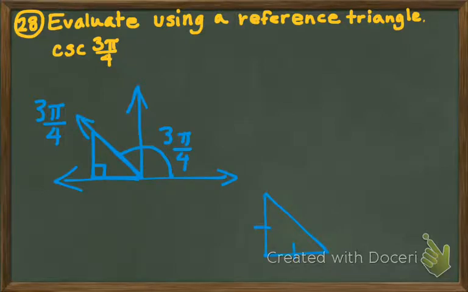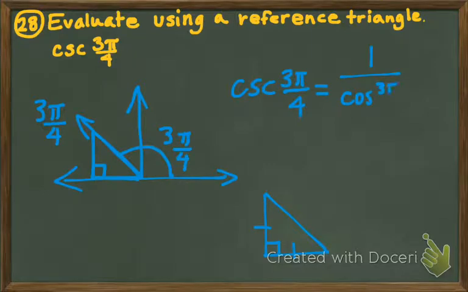45, 45, 90 triangle. And so the cosecant of this angle, since cosecant is the reciprocal of sine, being asked for the cosecant of 3 pi fourths is the kind of code for saying what we really want here is the reciprocal of sine of 3 pi fourths.